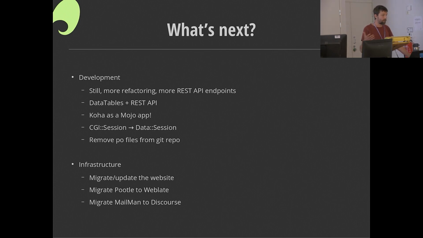I said earlier that we do not have a clear roadmap, but there are several topics we all agreed on. We want to keep cleaning the code and to add more REST API endpoints. We want to move the tables we use on the UI to DataTables and to use those endpoints for a better user experience.